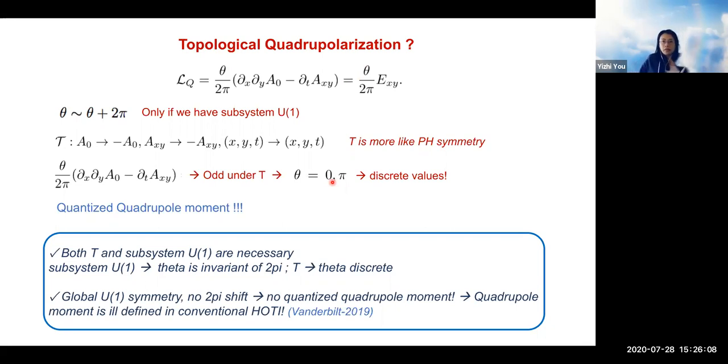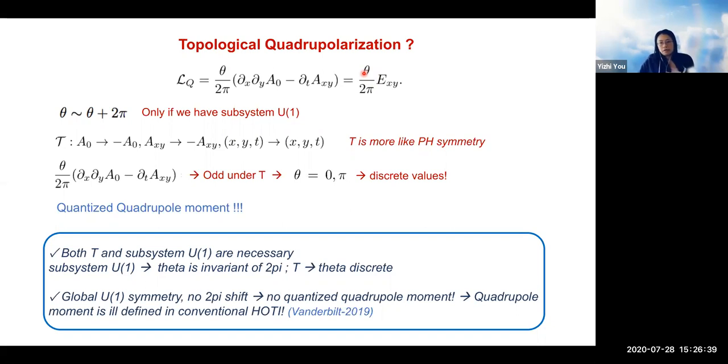And then we can say this is a topological response theory because theta needs to be some discrete value under time reversal and subsystem symmetry, and the quadrupole moment theta here is also quantized in the presence of symmetry. And let me comment on 2 parts. The quantization of theta is only present if we have both time reversal and subsystem U1 symmetry.